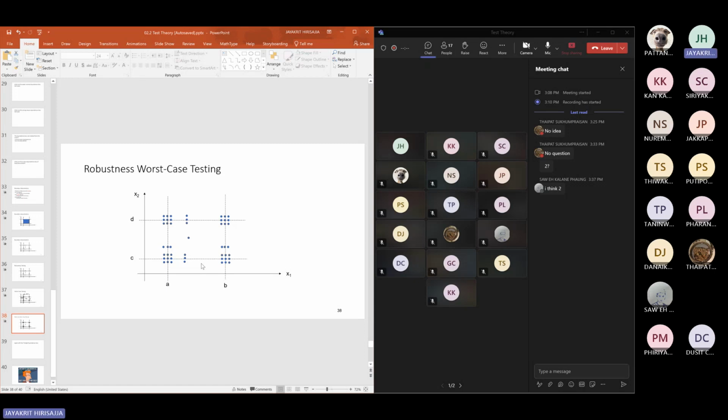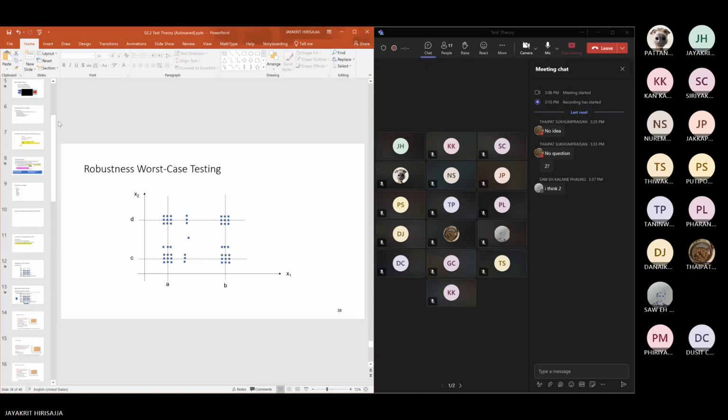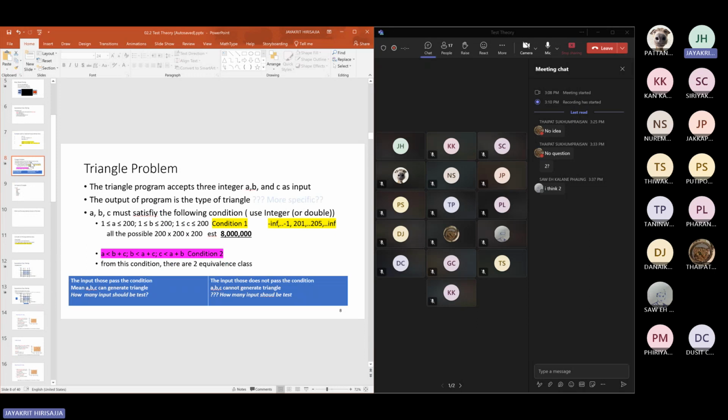Weak normal, strong normal, weak robust, strong robust test. Okay. The idea is simple, but when this is a simple theory, but the implementation when we design a test, it's not that. So that is for today.